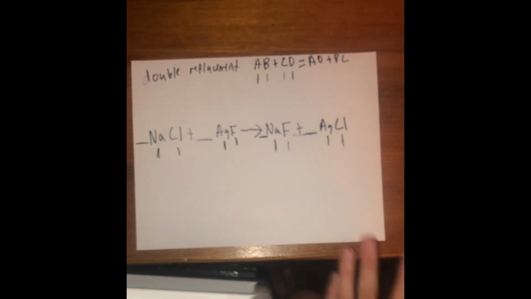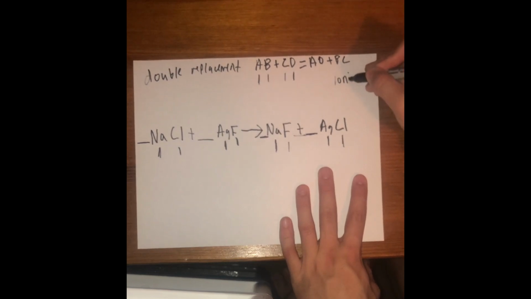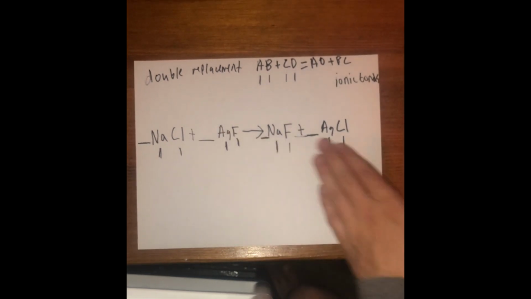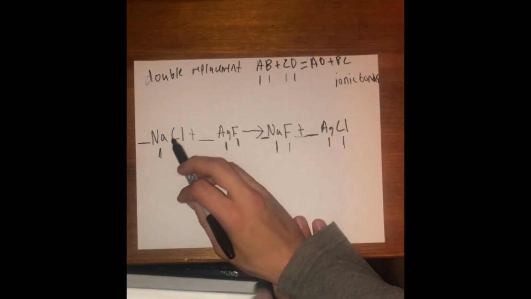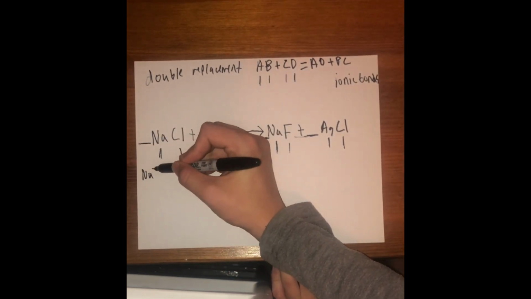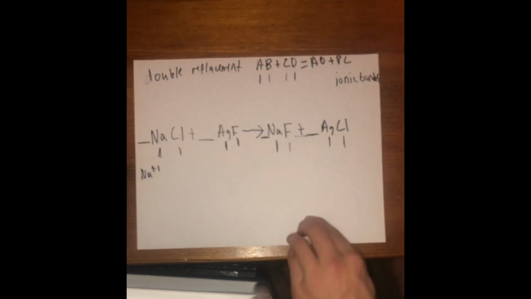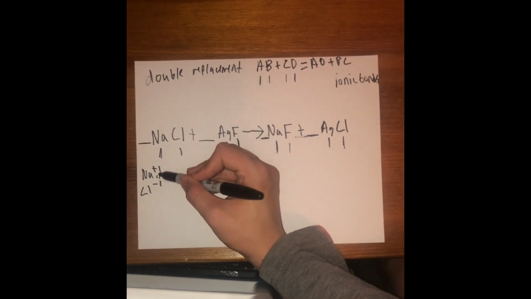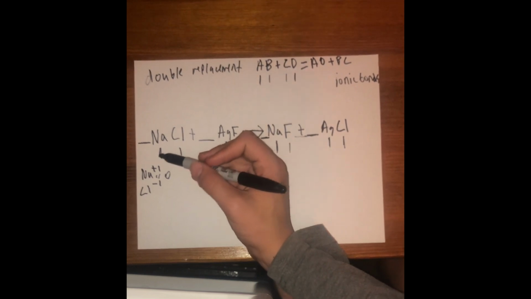Now we know ionic bonds. So how do we solve an ionic bond different from a covalent bond of stability? So we'll start off by showing how you get a stableness between all of these. So sodium has a charge of +1. Chlorine has a charge of -1, which will give you 0.